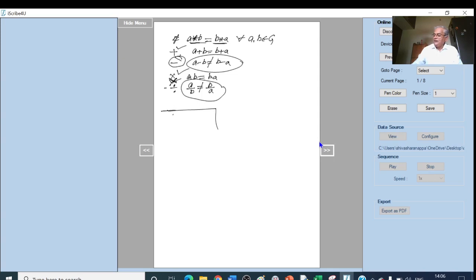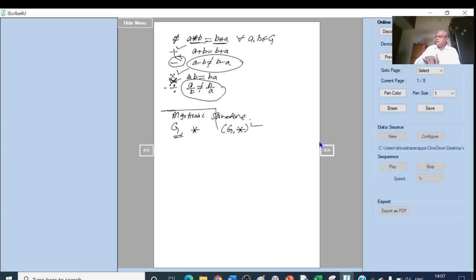Now we define algebraic structure. Suppose G is any non-empty set and star is any binary operation defined on G, then the pair (G, star) is defined as an algebraic structure.